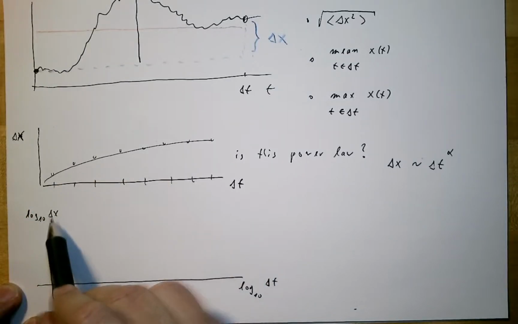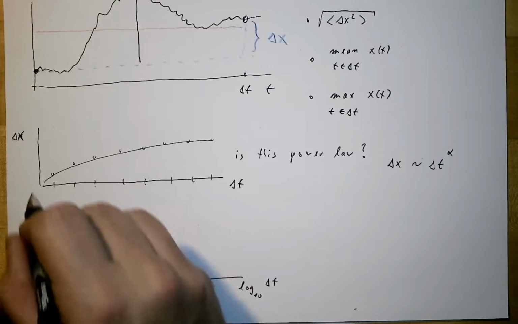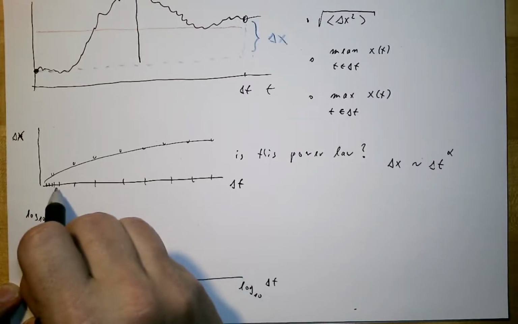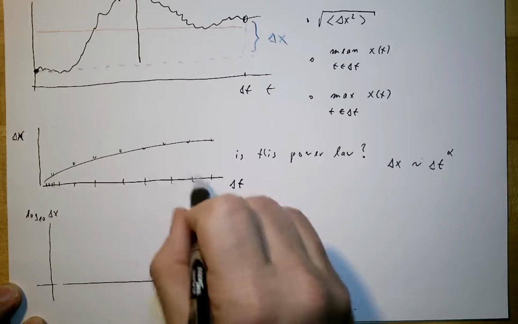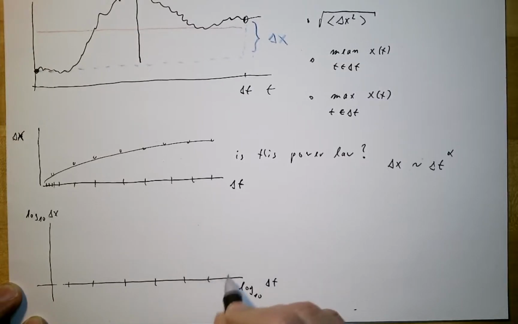And again, remember, this delta x is one of these quantities. But now if I want to have good equal sized points, this means I need to take a lot of measurements for small delta t's and not so many measurements for larger intervals, so that in the optimal case I have equal intervals on a log scale.